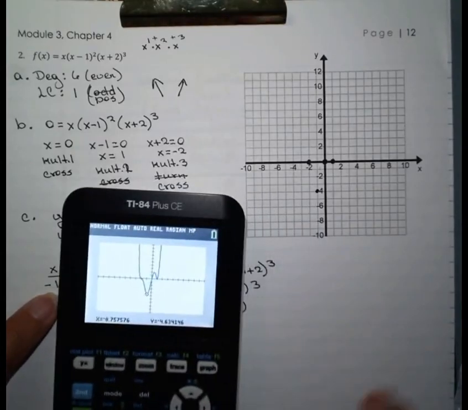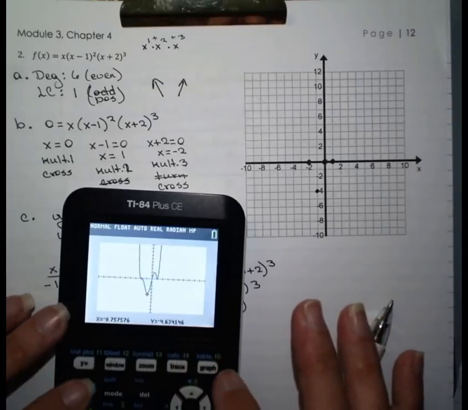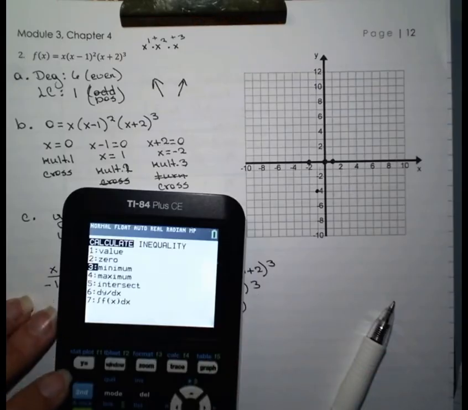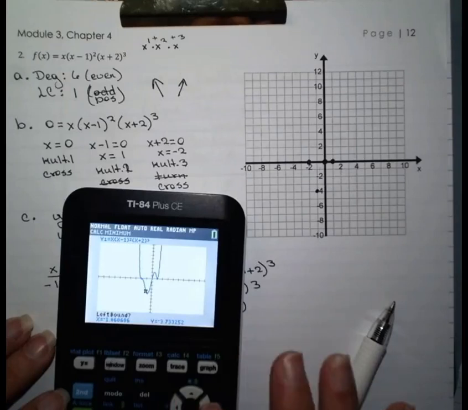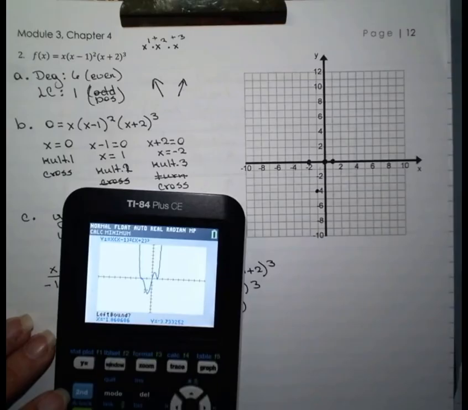Now, if I wanted to find out more about it, I would check the minimum. I'm going to say second and calc, and go looking for the minimum. I have to move a little bit to the left of the minimum. It's asking for the left bound, so I put my cursor left of it and hit enter, and it draws a line. Then I move my cursor right of it for the right bound, and it says guess, so I move my cursor back to the center, because that's the point I want it to guess.